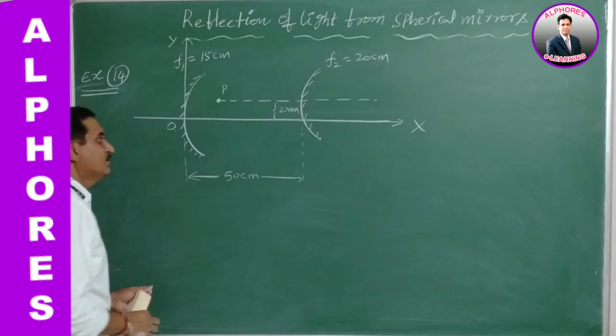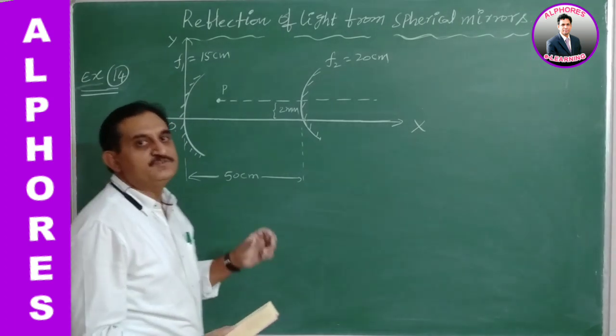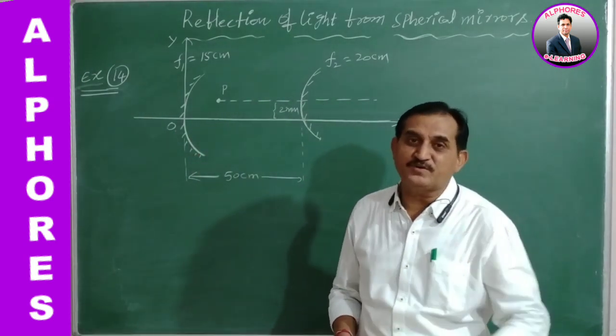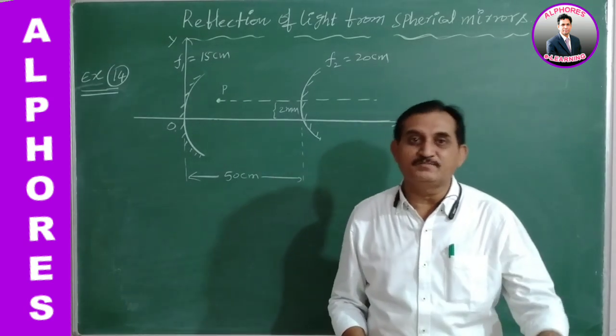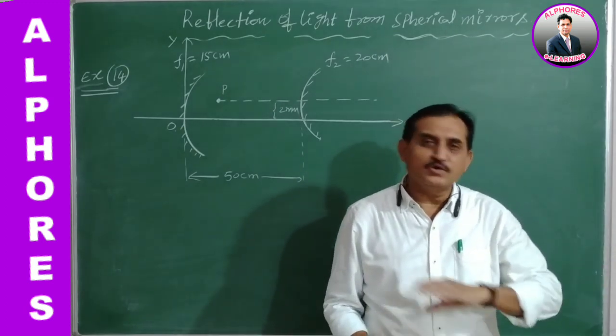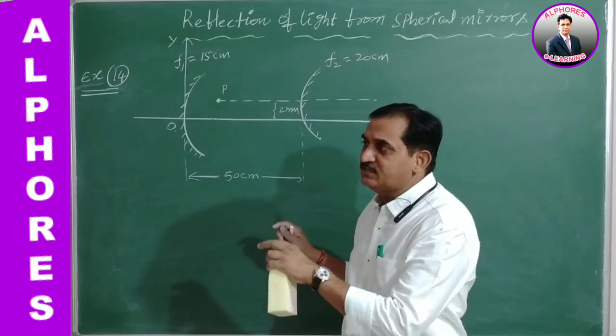The question is, find the final coordinates of the image formed by two reflections, considering the first reflection on the concave mirror and then reflection by the convex mirror. Again, same kind of question. No difference at all, only one difference. Initially they are kept coaxially.